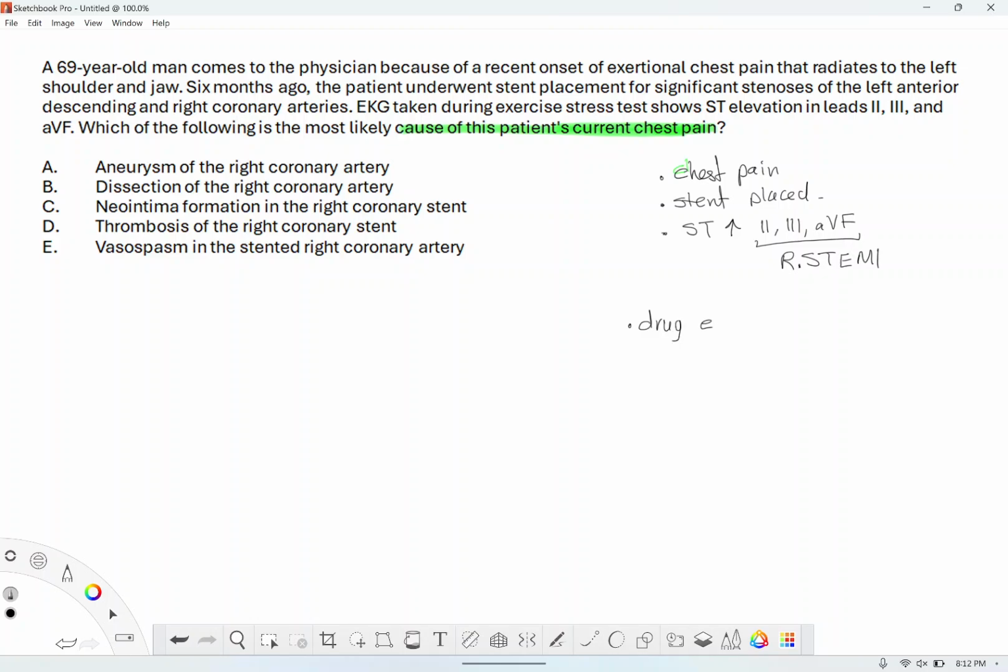So there are some stents called drug-eluting stent, which, remember, we did a previous question about how to prevent plaque formation. We said you can use aspirin, abciximab, clopidogrel, cilostazol, all those medications. Usually the stent will be releasing those medications to prevent a thrombus formation.